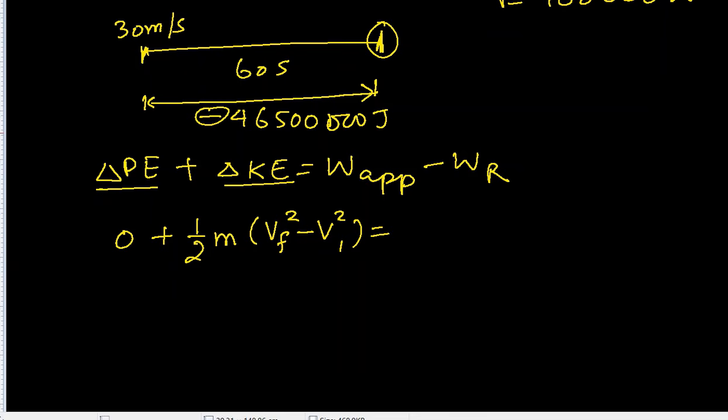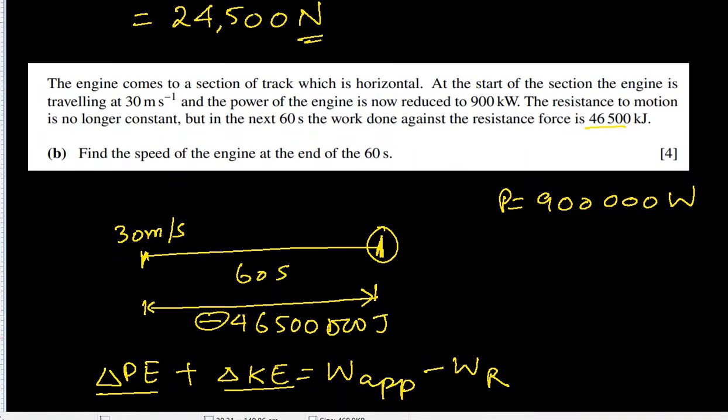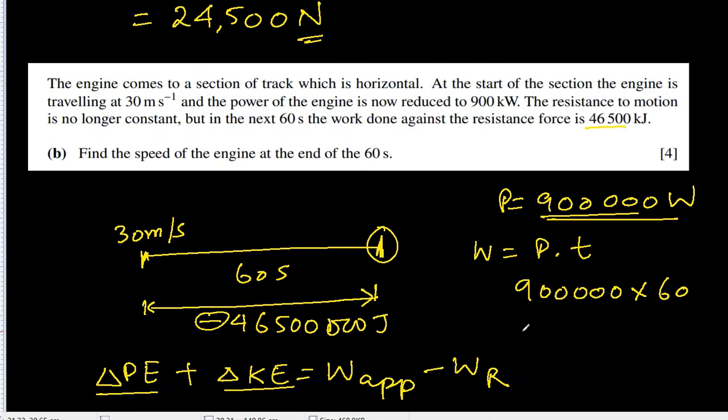Applied force, let's find it again. This is our power. So we want to find the work done. Work done will be power multiplied by time. So power is 900 with 5 zeros, multiplied by 60 seconds. 9 times 6 is 54 and 6 zeros.